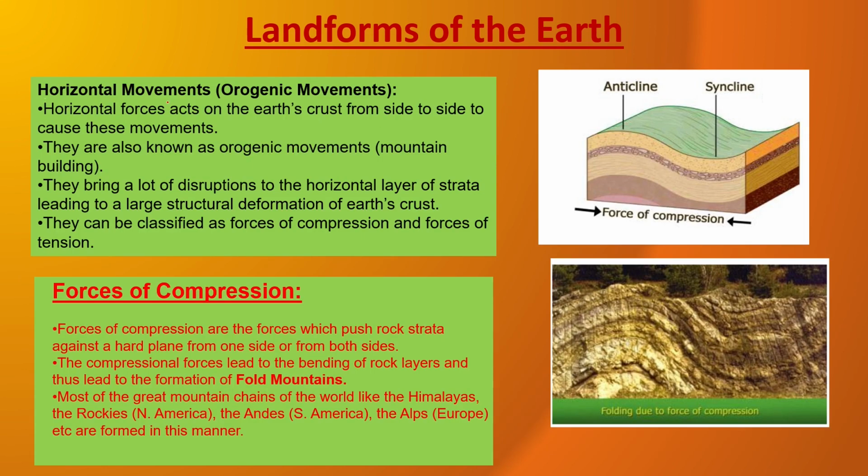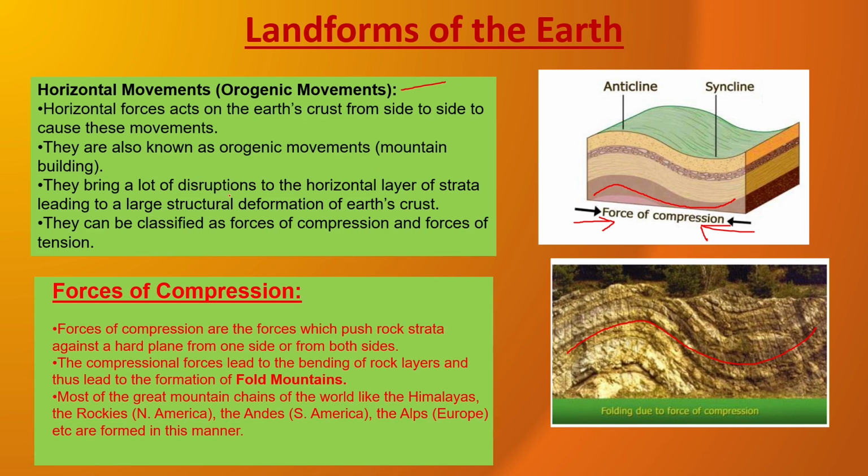Horizontal movements, that is the orogenic movement. In horizontal movement, when there is a force of compression, it is holding the rock strata, especially sedimentary rock strata, and it is getting folded. Yeah, you can see the folds over here. They are also known as orogenic movement, that is mountain building movement.